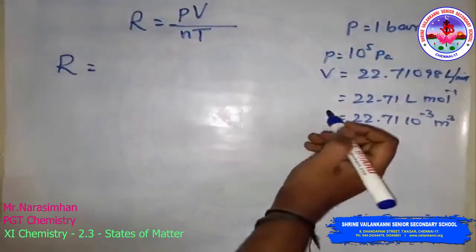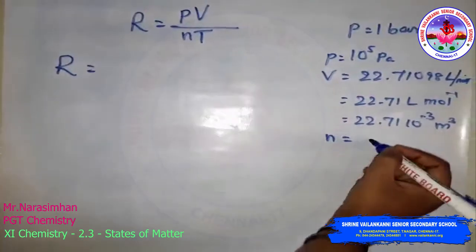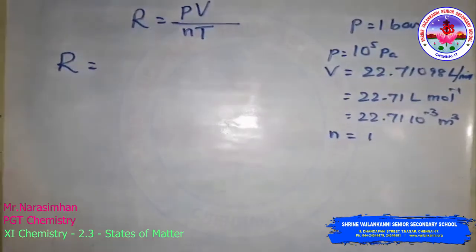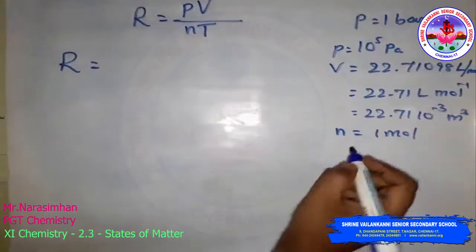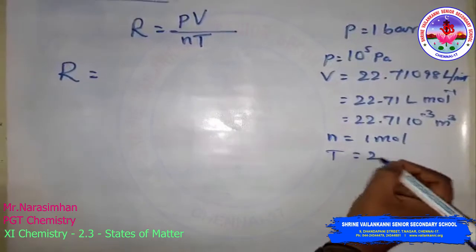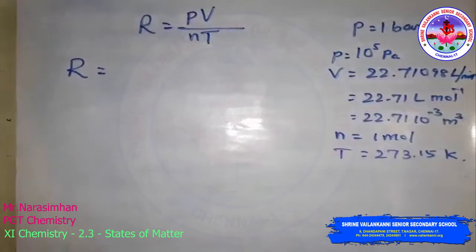This is the volume. The number of moles n is equal to 1 mole. And the temperature is already given, 273.15 Kelvin. So these are the values.